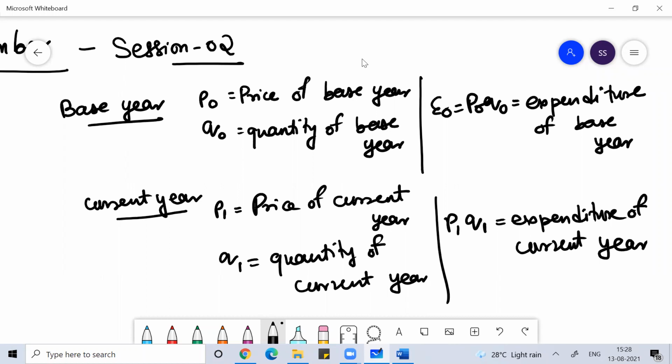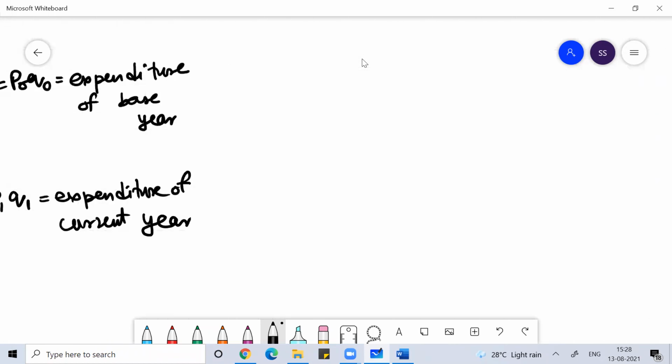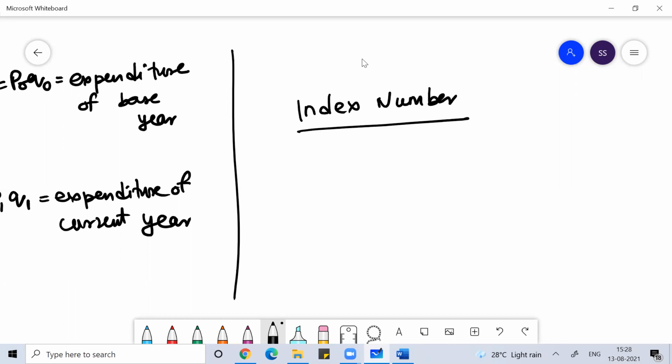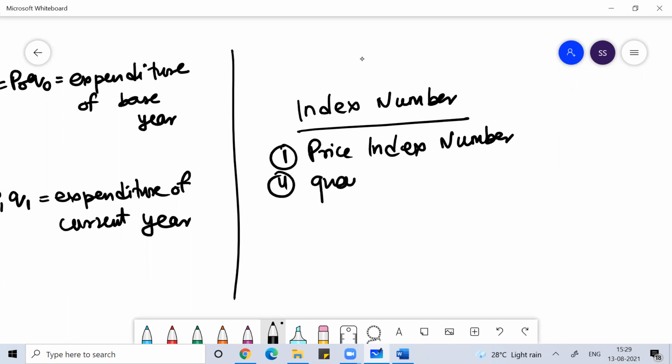When we talk about index number, we consider different forms of index number.